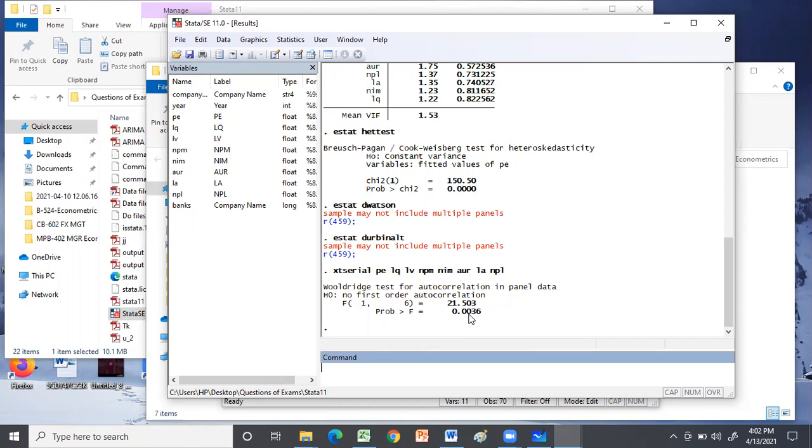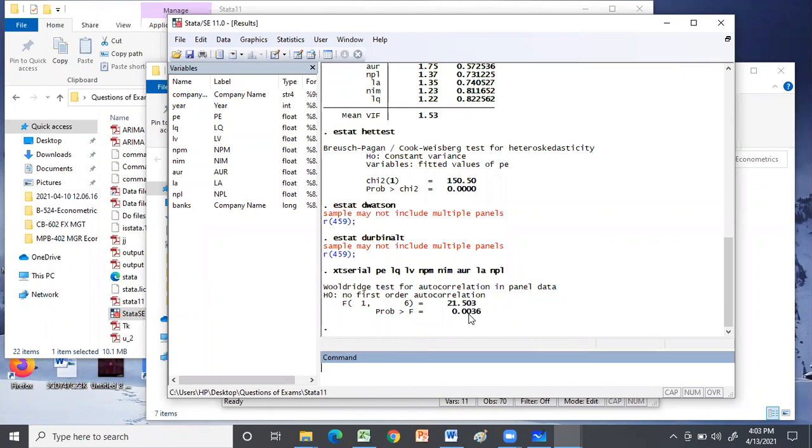Null hypothesis has been rejected. So if the null hypothesis is rejected, the conclusion is there is either positive or negative autocorrelation, the first order autocorrelation, right? Yes, sir.